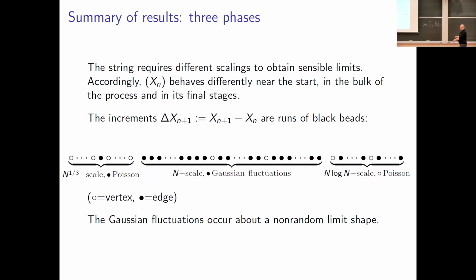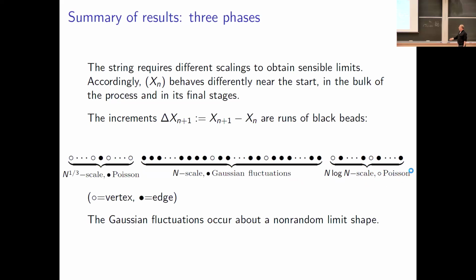Now, in the last stage, we have very few vertices left and a big number of edges. And at this stage, the runs, the number of inserted edges between two vertices, will be of the order of n log n. And with this scaling, the last vertices will appear according to a homogeneous Poisson process.